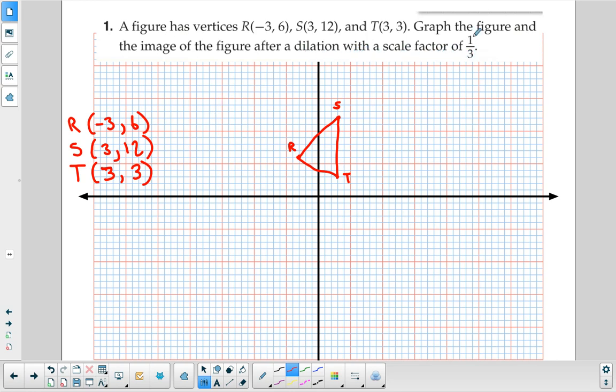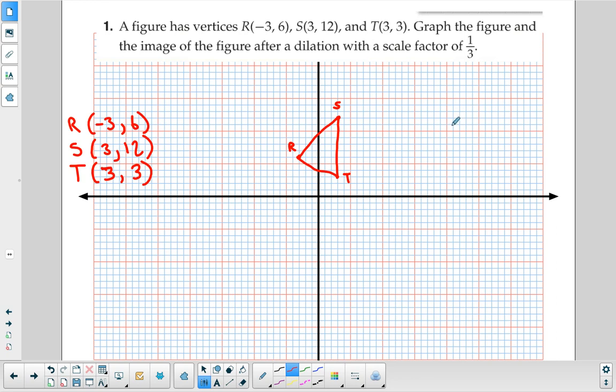All right, so what we're going to do now is, because this is a dilation with a scale factor of 1/3, I'm going to take each of the ordered pairs and multiply the x by 1/3 and the y by 1/3. So if we have -3 times 1/3, that's -3 times 1 is -3, divided by 3 is -1.